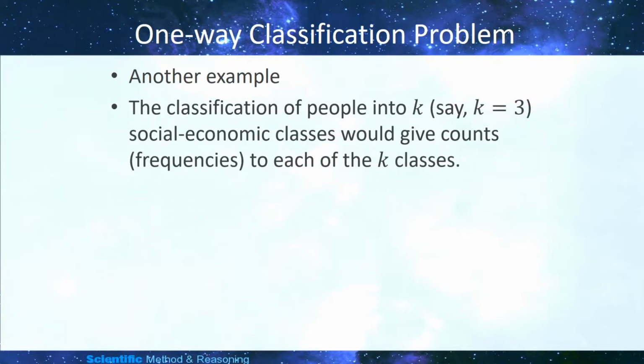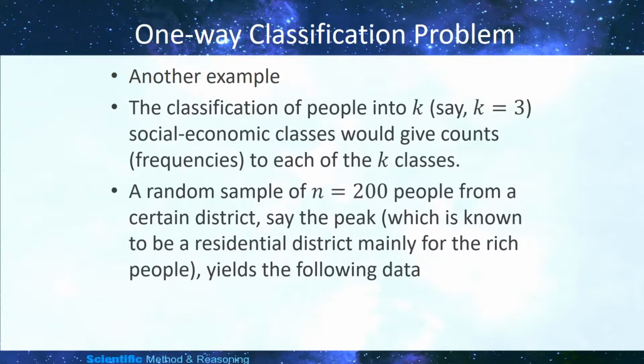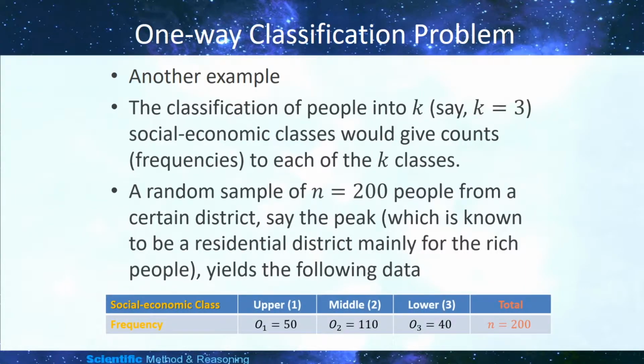Another example is to classify people into k socioeconomic classes, which would give counts or frequency to each class. A random sample of n equals 200 people from a certain district, say from the Peak, which is known to be a residential district mainly for the rich people, gives the following data. 3 classes, namely upper denoted by 1, middle denoted by 2, and lower class denoted by 3, with a total of 200 people.